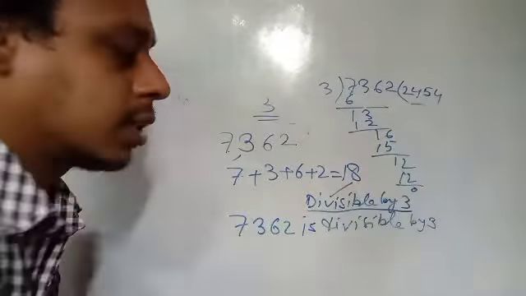So exactly divisible by 3. Remainder is 0. So no need to divide the number by 3. Without division, using this formula, you can say whether the number is divisible by 3 or not.